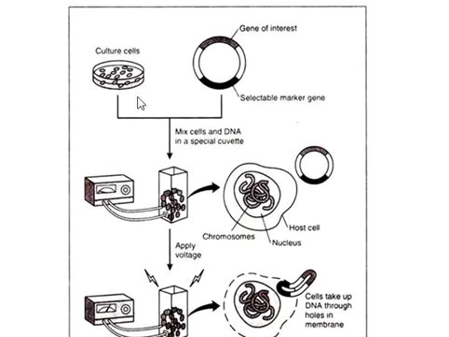Okay. Both are transferred to an apparatus, the electroporetic apparatus. Mix the cells and DNA in a special cuvette or electroporetic apparatus. Next, you need to apply the current, either 50 volt or 1000 volt. During that, the cell surface, that means the outer cell membrane, may form a pore.